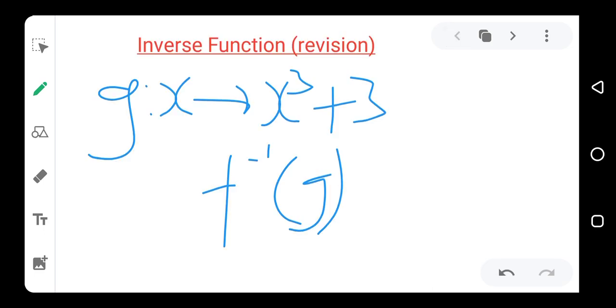So we go back to the expression given to us, to the function, which is x raised to the power 3 plus 3. So what it means is that y is equal to x raised to the power 3 plus 3. Of course, that is f of x.